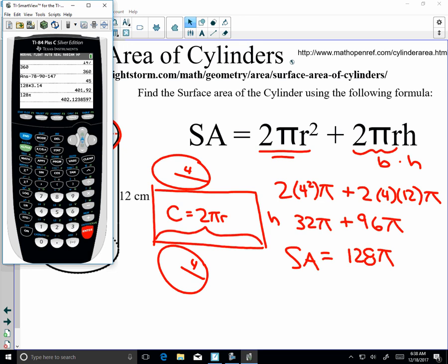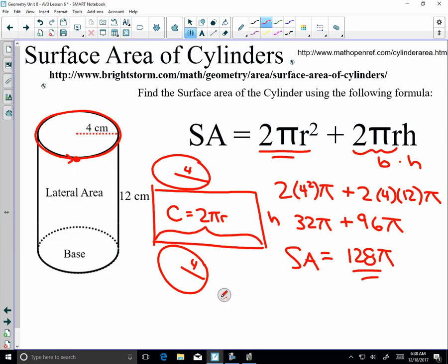So you really want to be careful. You want to be as exact as possible, either using the pi button on your calculator or leaving your answer in exact terms. And in this case, we should always be tacking on our units, centimeters squared.